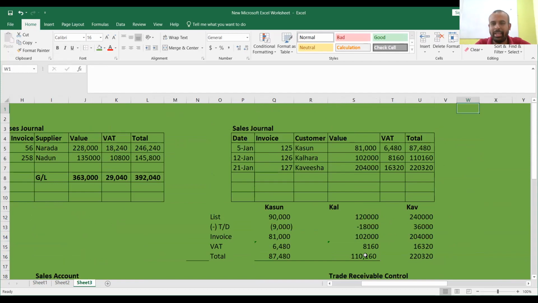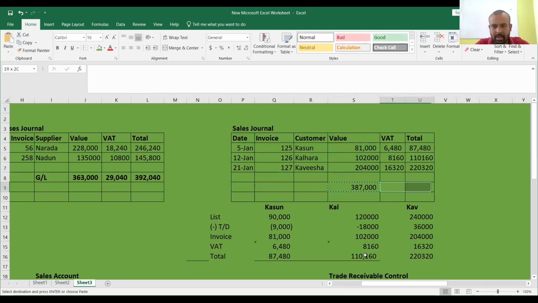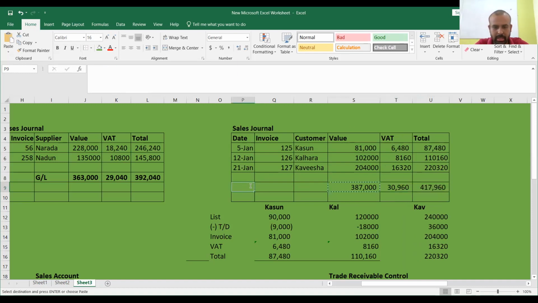Now what else to be recorded? Sales journal. Now take the total of the sales journal. 387,000. Then you say total posted to GL.